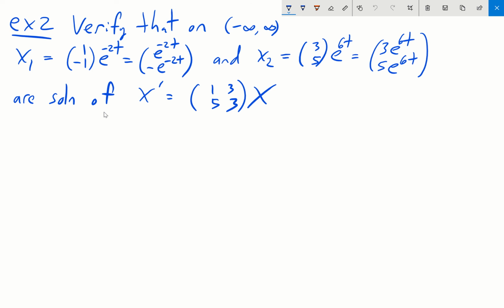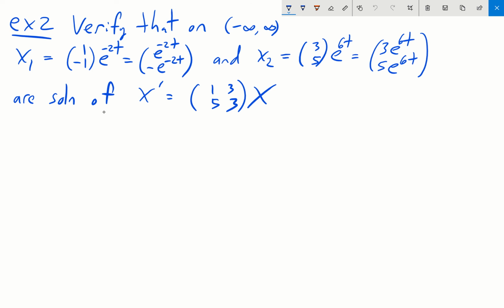We want to verify that on the interval negative infinity to positive infinity, the vector x1, which is 1, negative 1, e to the negative 2t, which, if you multiply the e to the negative 2t in as a scalar function, gives us this column function, e to the negative 2t, negative e to the negative 2t, and x2, which is 3, 5, e to the 6t, which as a single vector is 3 e to the 6t, 5 e to the 6t.